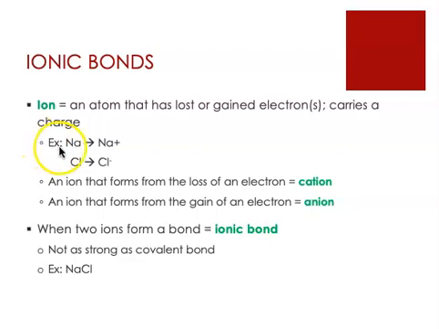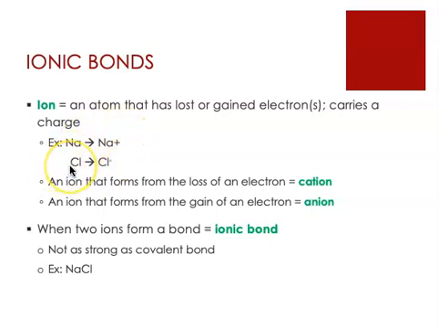That's what's being depicted here on this sodium atom. When a sodium atom loses an electron, it becomes a sodium ion. It has one extra positive particle in it than it used to have. So now it has a positive charge.